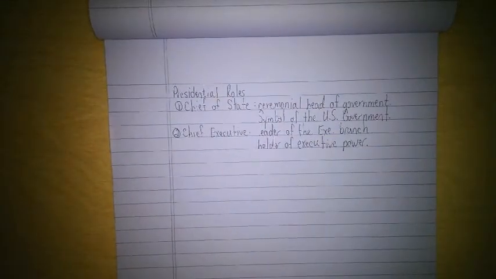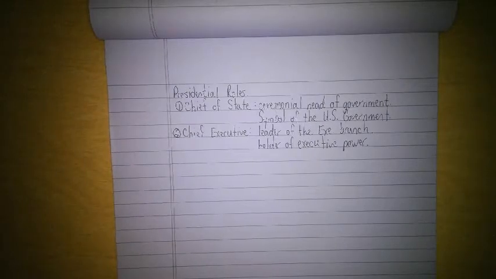For example, let's say the president wants Congress to pass something he really thinks is necessary, and Congress says no, for financial reasons or they just don't like it. The president can make that go into effect by issuing what they call an executive order.